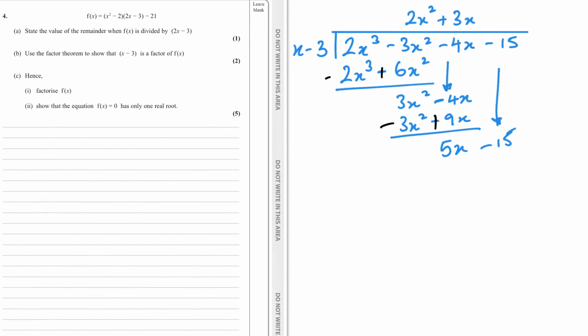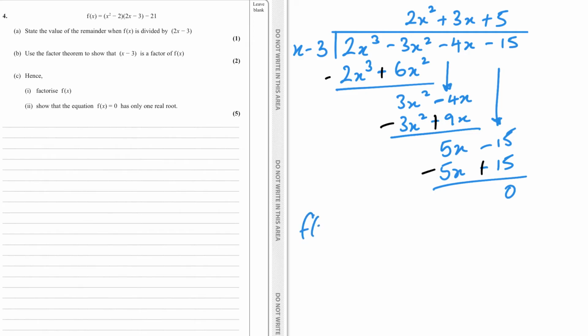Again, now take my 5x, divide by x, that gives me 5, and it's 5 times x and 5 times minus 3. So 5 times x is 5x, 5 times negative 3 is negative 15. We can see they're the same, but again, just to finish it off, I'm going to change my signs and add, and you can see here I end up with 0 remainder.